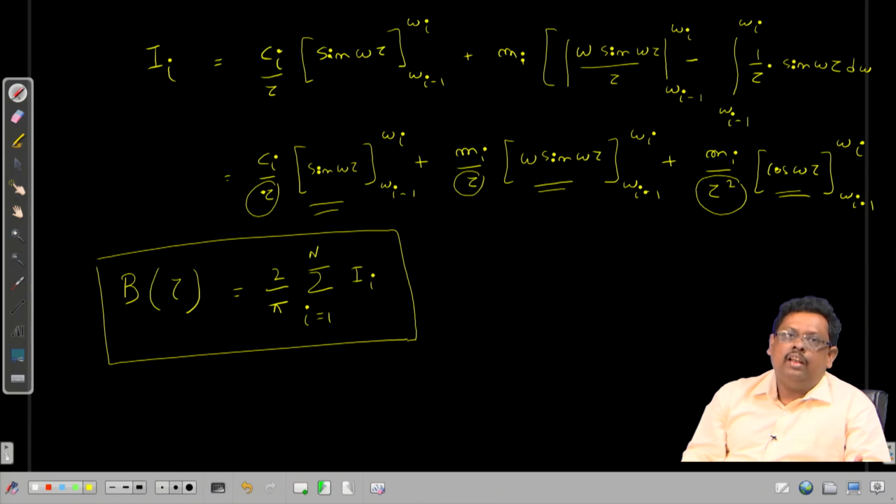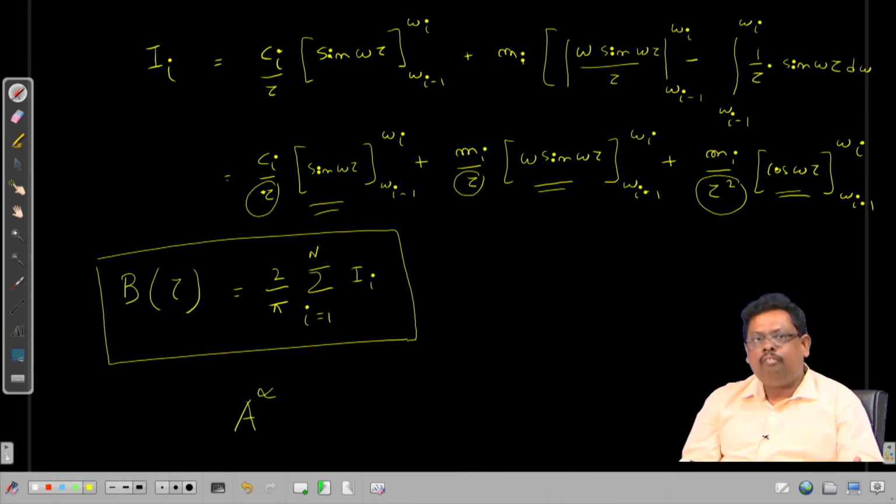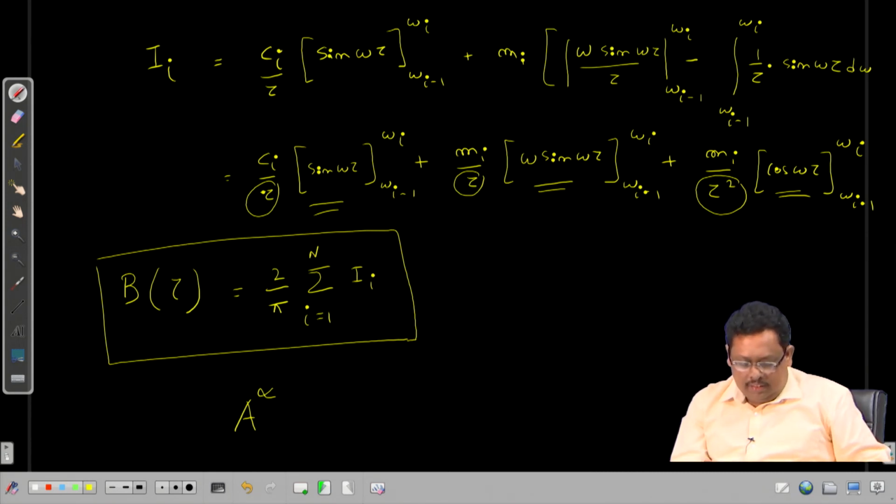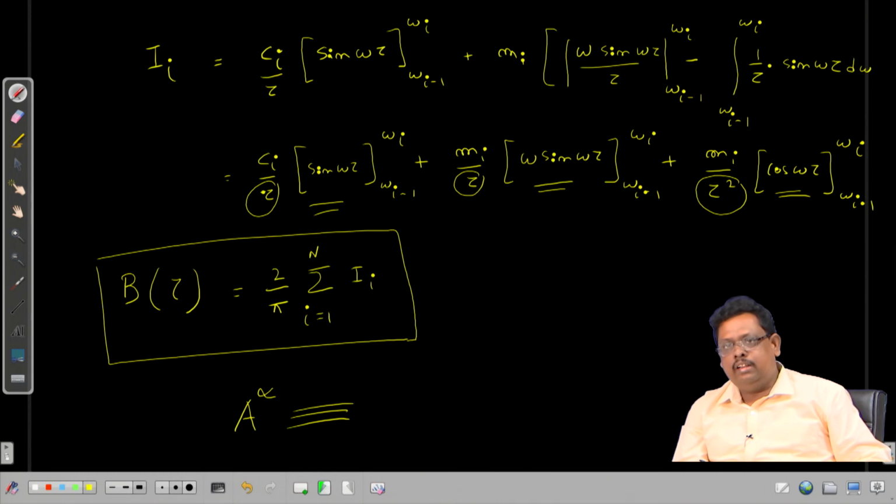Okay. Anyway, so now I know how to get the b(τ), but secondly you need to find out how to get the a(∞). Now, it is the infinite frequency added mass. So, it is actually a geometric property, right.